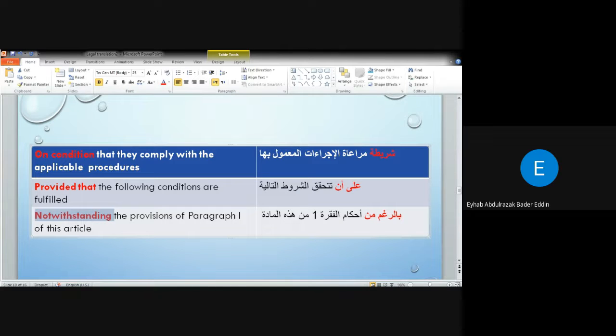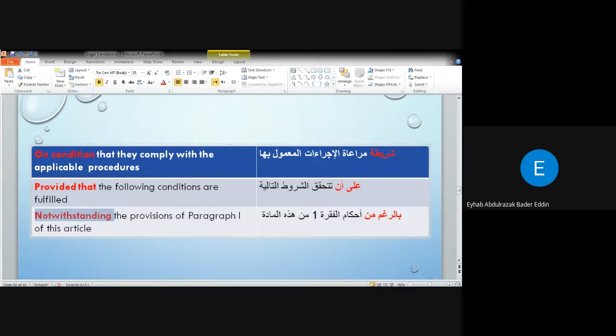Now, although is used with a full sentence after it. This is important, pay attention. And then in spite of we have a noun, and despite also we have a noun.